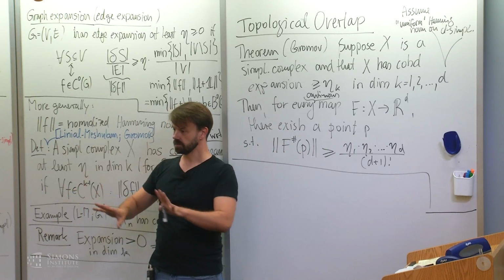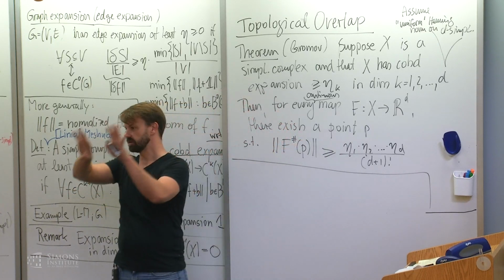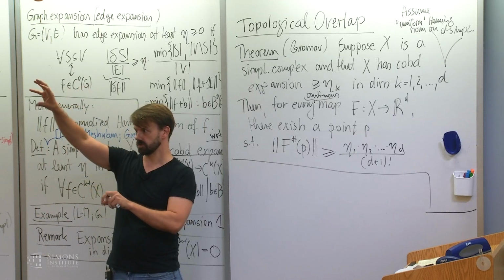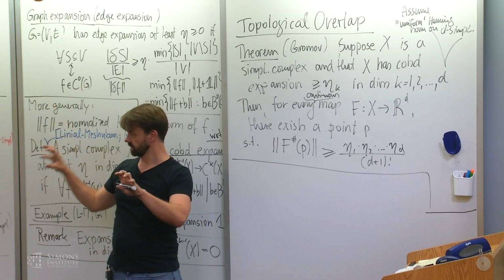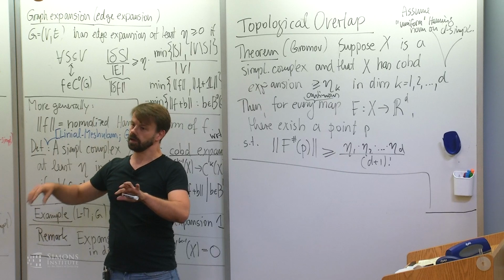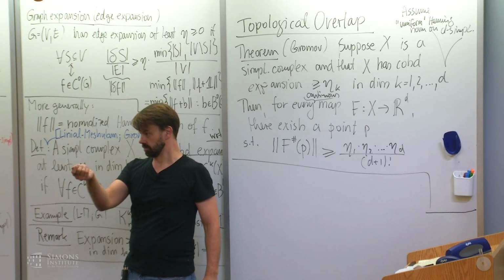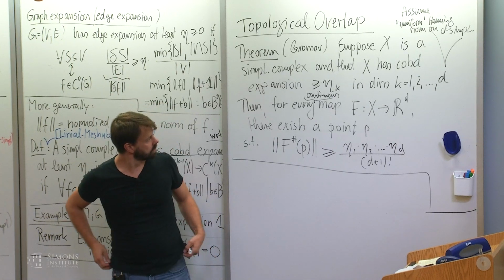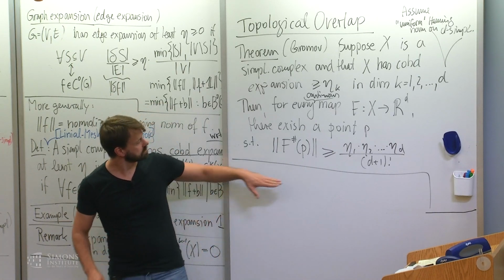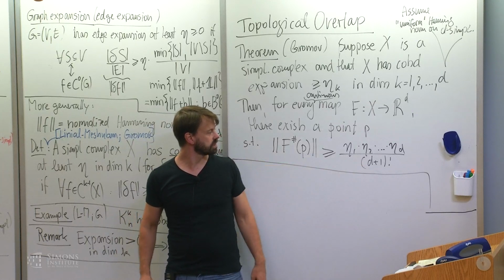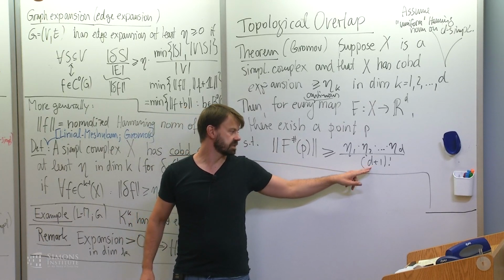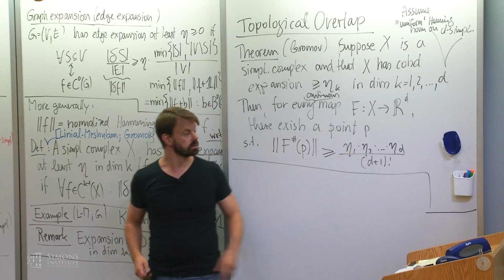In the plane, you would map n over 3 vertices here, n over 3 here, n over 3 here, and one can show that you can't essentially do better than putting a point in the middle. So exponential decrease in d you can't do anything about, but it could be something like e to the minus d.